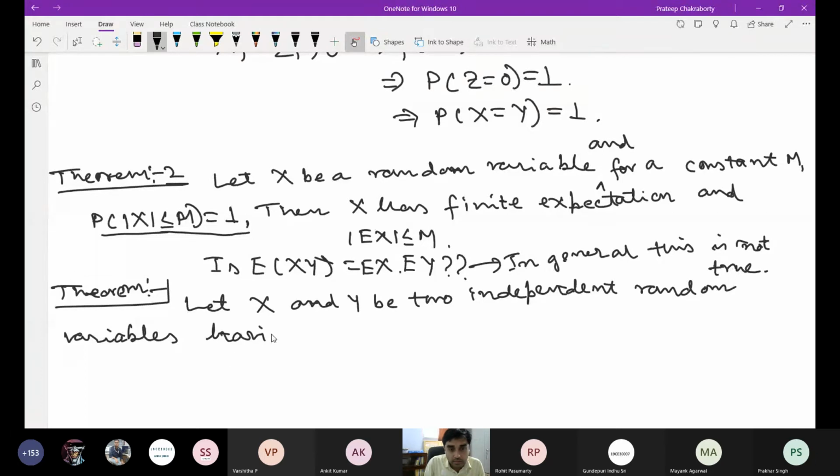So we are doing everything for random variables which have finite expectations.